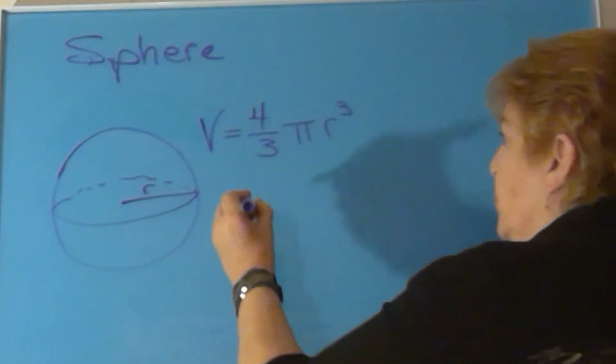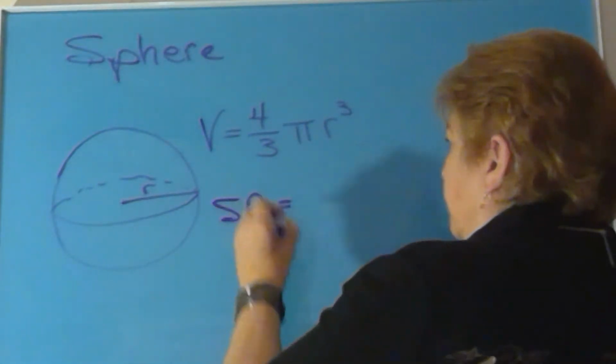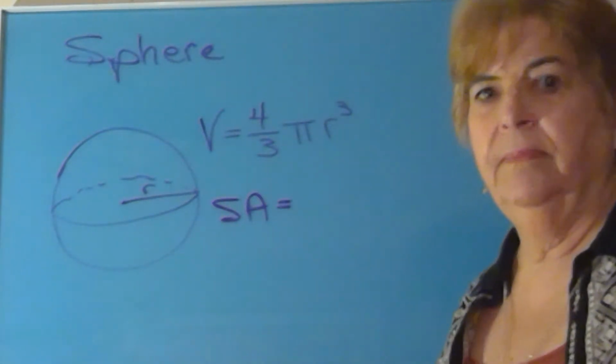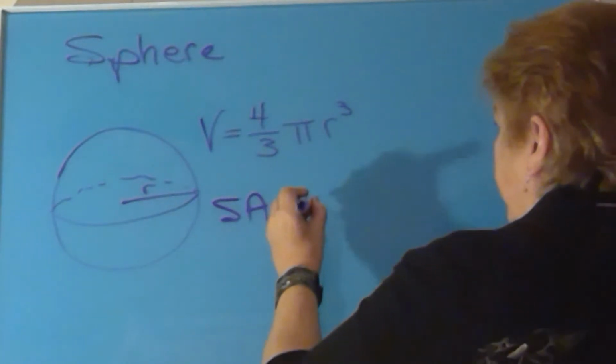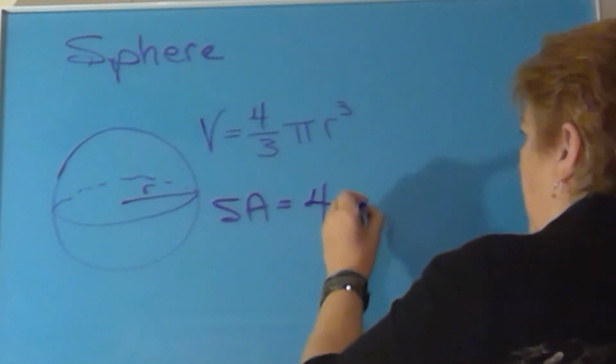To find the surface area of a sphere, the surface area is simply 4 pi r squared.